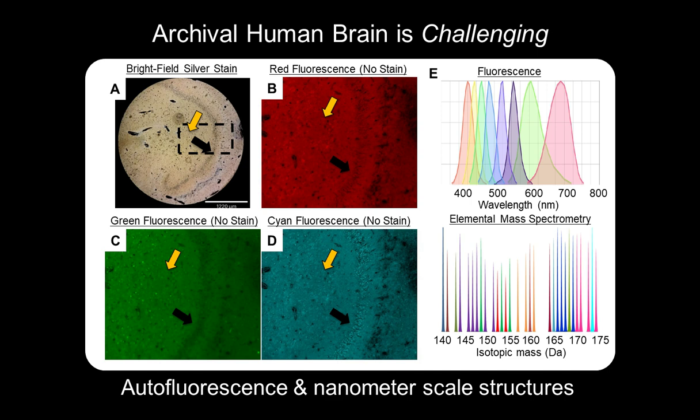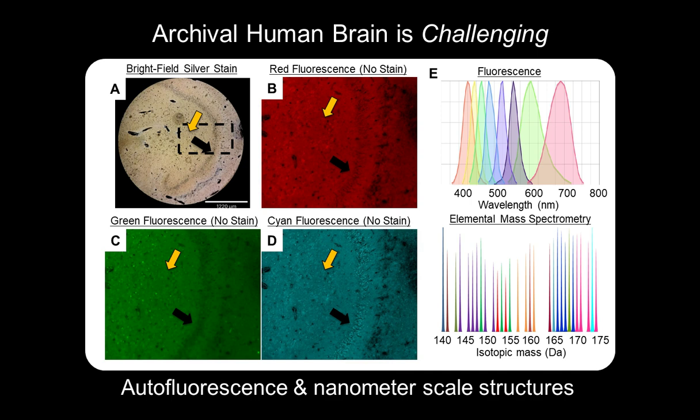This is because the brain is naturally full of autofluorescent compounds, and molecules like lipofuscin build up naturally in the brain with age. These can be extremely challenging to deal with outside of fairly heroic sample preparation techniques.